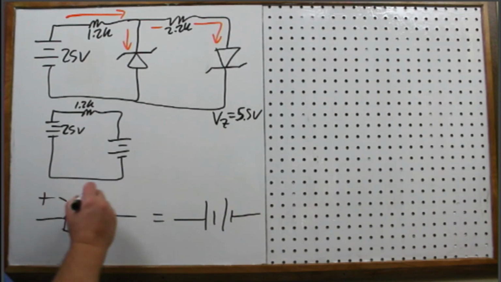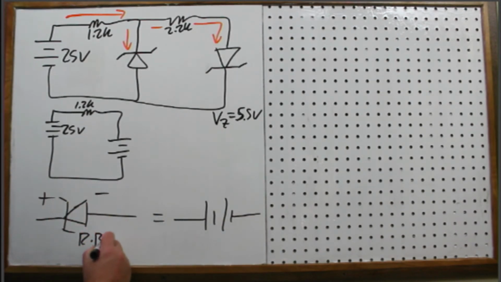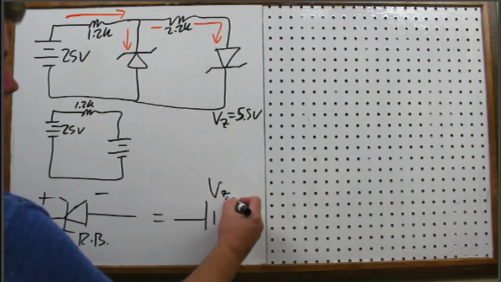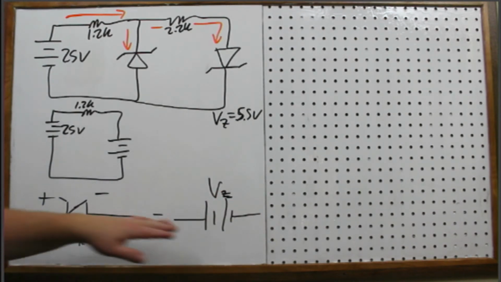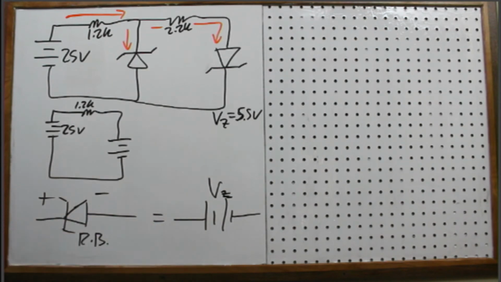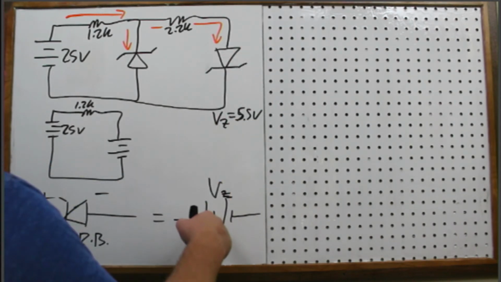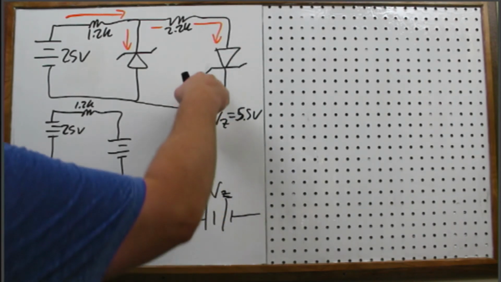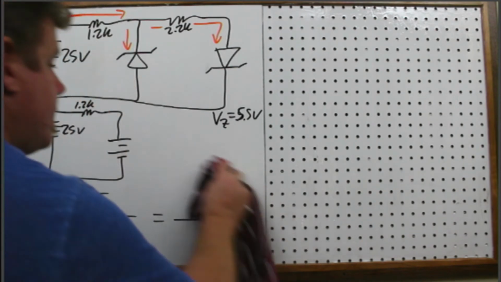Okay, so this is positive to negative, so this is reverse bias. So this is whatever it's rated for. Okay, in this configuration with the polarity. The polarity is always going to be positive to negative voltage drop in the circuit. Even for this one, we're going to use, instead of the 5.5 volt, that one's going to be a 0.7 volt or 700 millivolt.